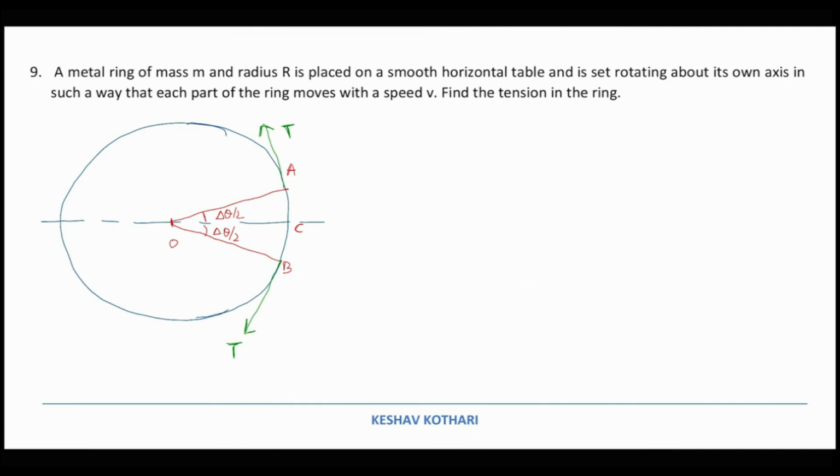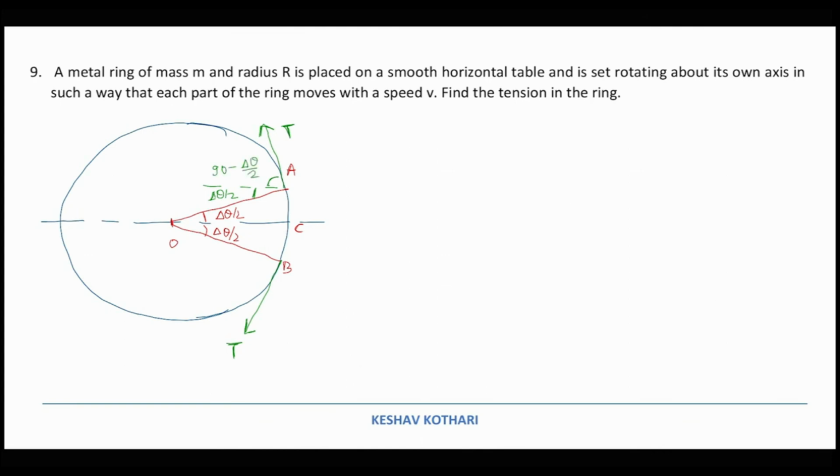So the first thing that we do is we break the component of tension. The tension is acting tangentially, that is making an angle of 90 degree, so I can say that this angle is also delta theta by 2. So this angle will become 90 minus delta theta by 2.